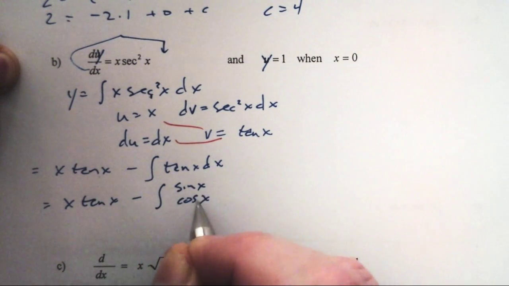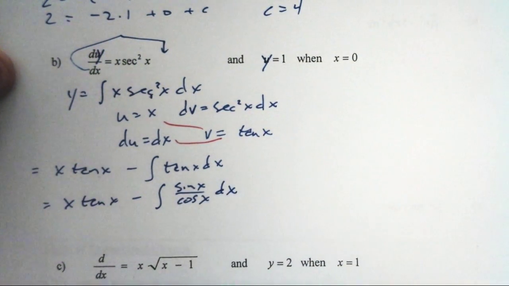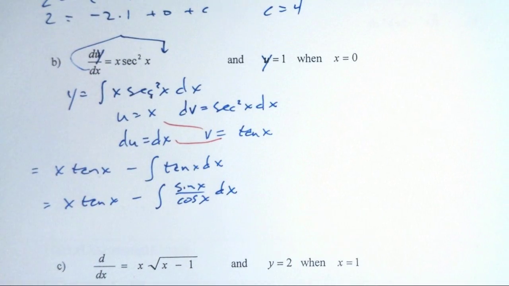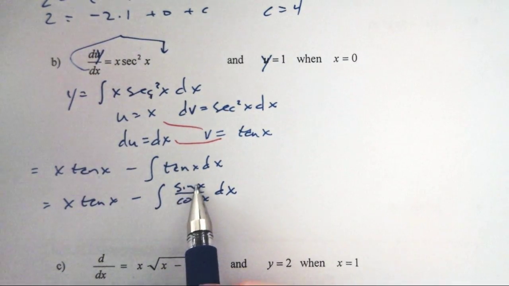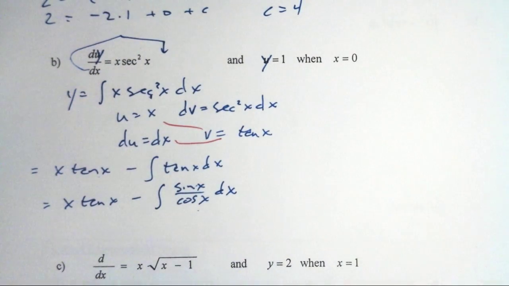sine of x over cosine of x. Now, if you've been paying attention the last few days in class, I have said if we get a sine over cosine, that's a u du, and we want u to be the denominator. If we get a function of sine over a function of cosine, we want u to be the denominator.